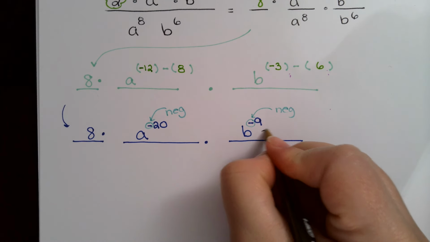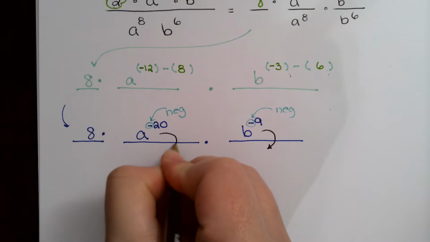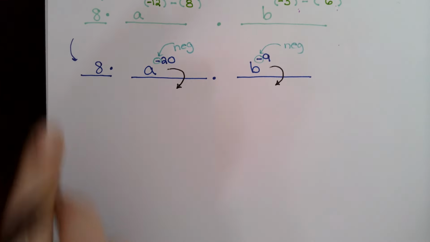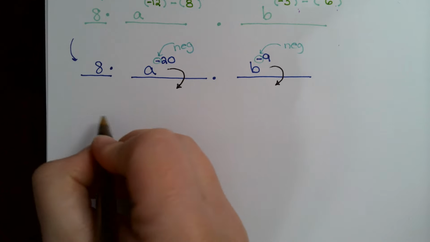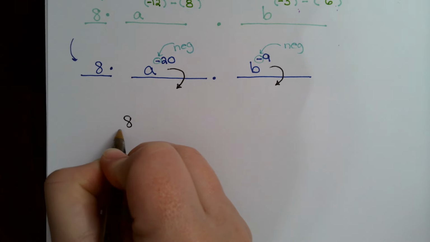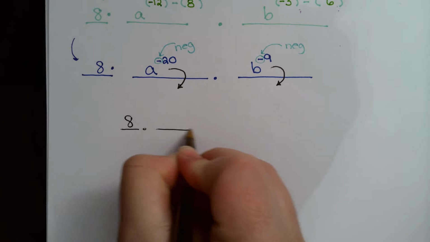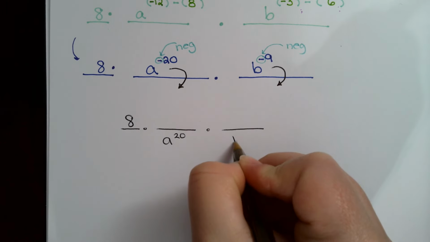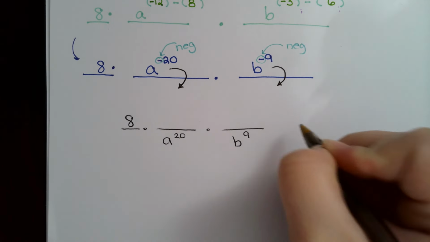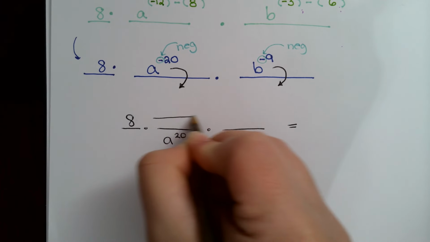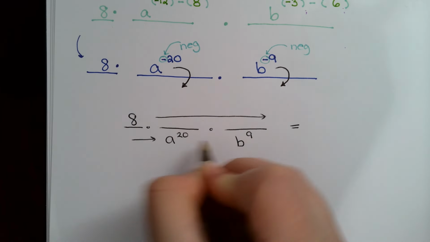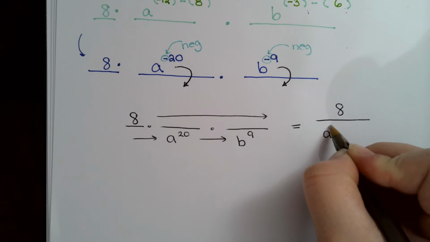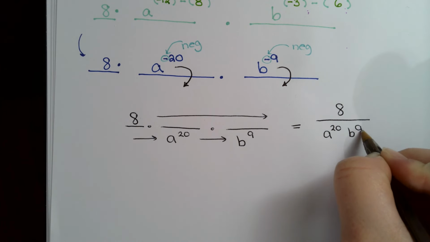So that means we're going to be taking B to the 9th, bringing it down, A to the 20th, bringing it down. 8 is just 8. There's nothing for us to do with 8. So 8 is on top. Positive A to the 20th is on the bottom, and positive B to the 9th power. So if we were to multiply straight across, we would end up with an answer of 8 over A to the 20th power, B to the 9th power.